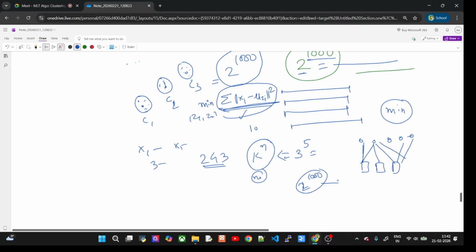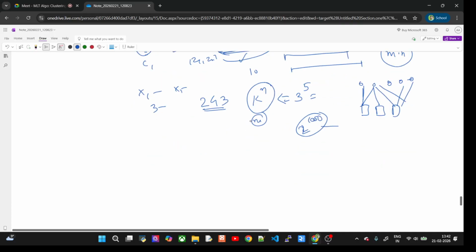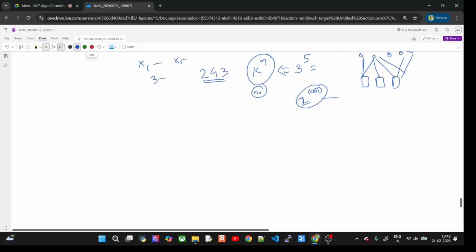Okay, so this is something, the NP hard problems. To solve this we are now coming to the solution of this NP hard problem. The solution to solve these kinds of issues, we have developed an algorithm called Lloyd's algorithm.